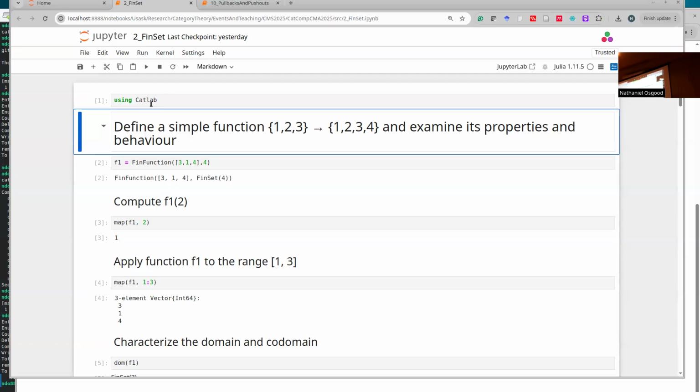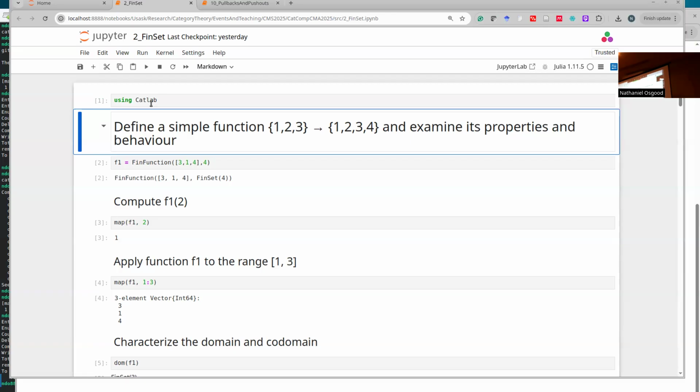This one might be the finite set 2, 3. This one could be the finite set 1, 2, or something like that. And these morphisms are functions. So this one might, for example, map 1 into 2. There might be another one which maps 1 into 3. Each of those is a function.